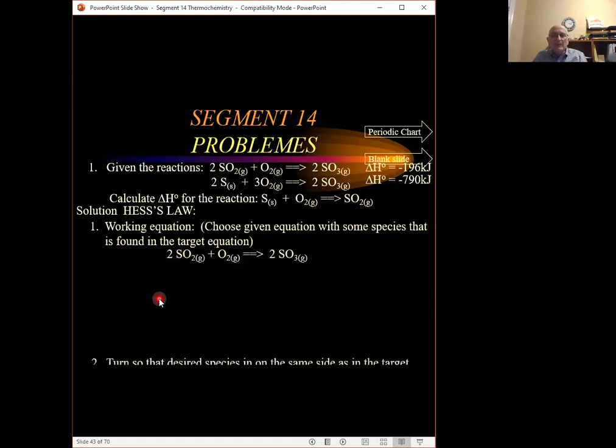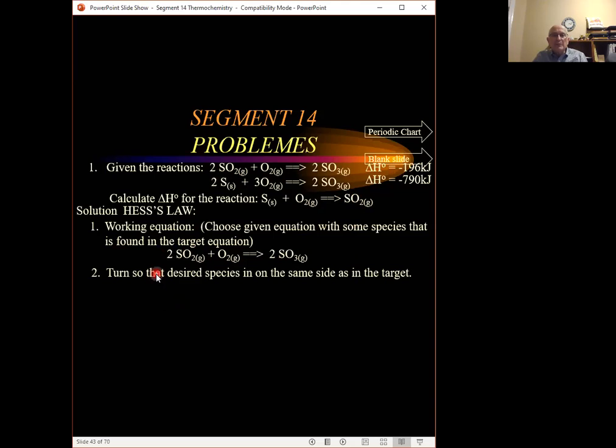Okay, and now I want to turn this reaction around like this so that it is now showing the SO2 the way I want it to be in the target. But now I want one SO2 in the target product instead of two. So I want to divide through by 2.